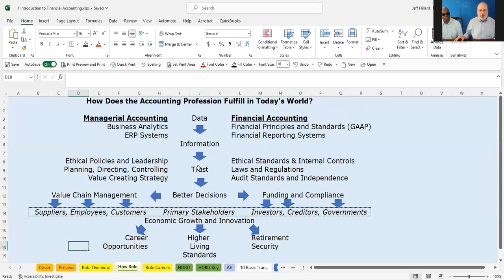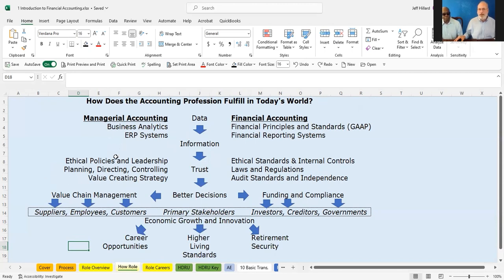It's critical adding trust, particularly, let's start with financial accounting: ethical standards, which are societal, internal controls, which are internal to the company, laws, regulations, and really important, the audit function, audit standards and audit independence, all build trust for funding and compliance. On the internal side, ethical policies and leadership, planning, directing, controlling, value creating strategy.